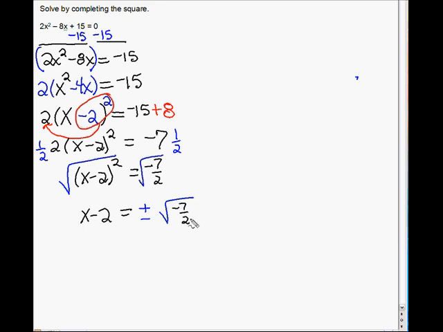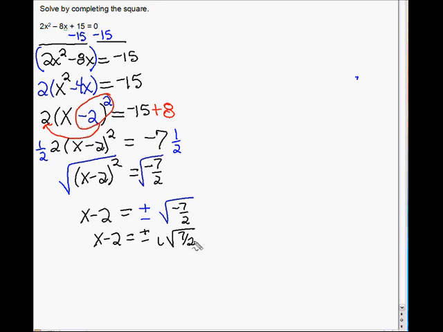Uh-oh. What happens when you take the square root of a negative number? That's right, it's a non-real number. So we're going to write i on the outside of the square root. So we have x minus 2 is equal to plus or minus i times the square root of 7/2.